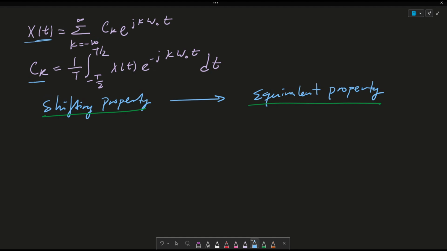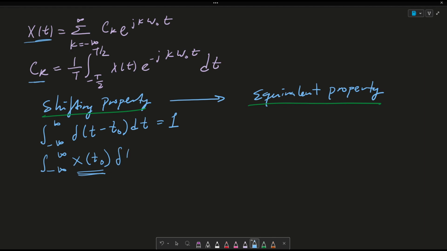So the first thing I want to notice about the shifting property is that the integral from -infinity to infinity of this Dirac delta function, δ(t - t₀) dt, is equal to 1. If we go ahead and multiply this by a constant, so the integral from -infinity to infinity of x(t₀), again a function x(t) but just at a specific point t₀, times δ(t - t₀) dt, this is simply equal to the constant x(t₀).